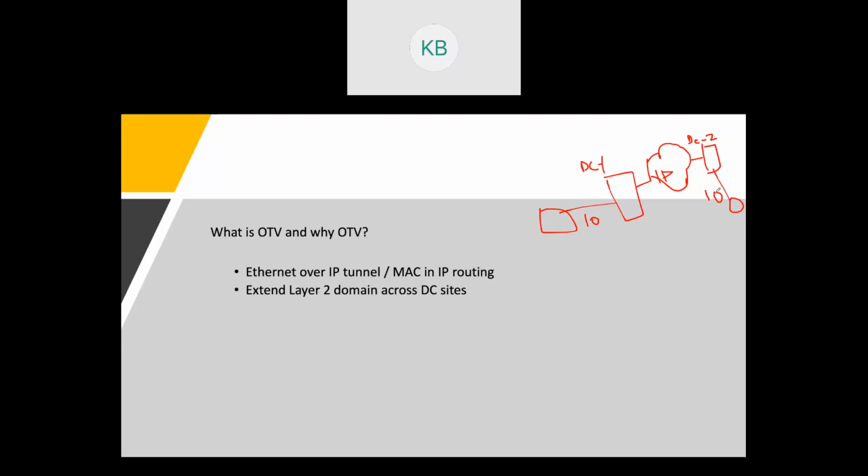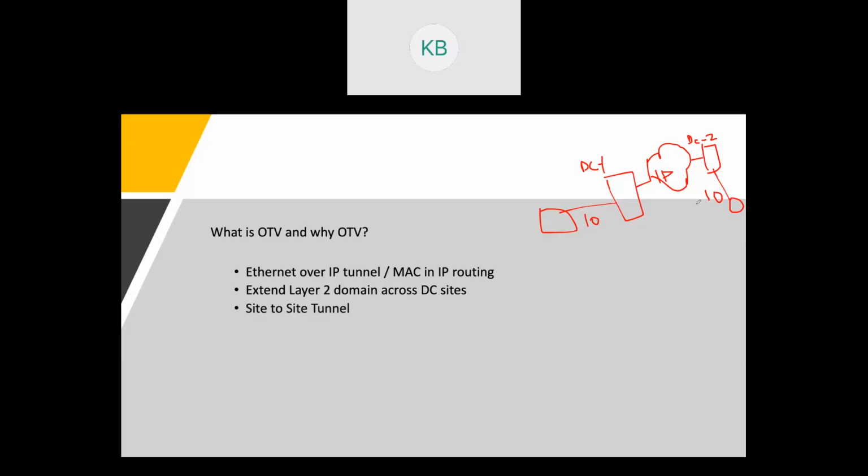It will look like the same IP address, the same ARP cache, the same VLAN. The only thing is you can just move them in different locations, right? That's what OTV is going to enable you to do. And that's what we mean by extending the layer 2 domain as well. It will look like a flat layer 2 network you have across the IP network.